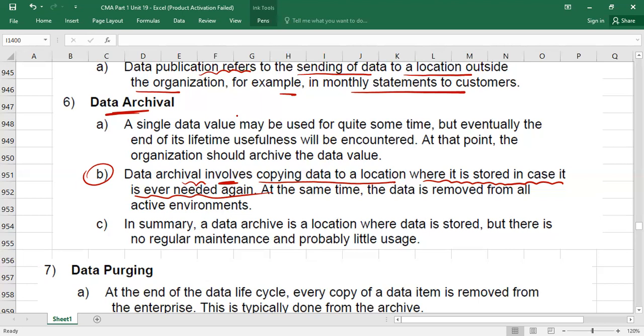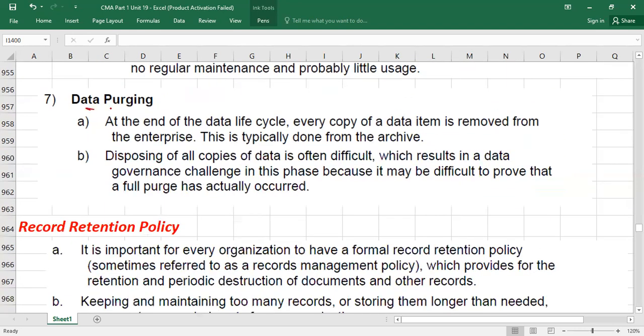Maybe you will store data for 50 years, 60 years, 7 years. It depends, right? So this is called data archival. And last is what? For example, if you are required to store data for 60 years, let's assume for graduate students, once 60 years is completed, now you will maybe delete their permanent files, right or wrong? I'm just assuming. There could be maybe 70 years retention policies for the universities.